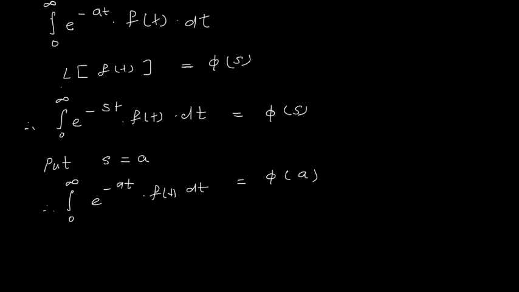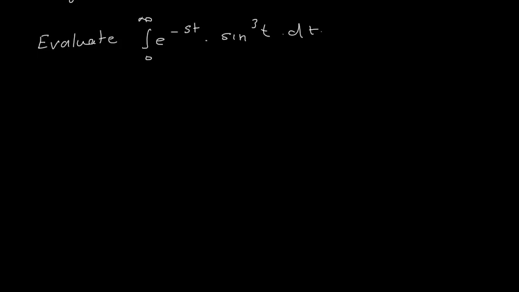Now we will understand Laplace in more detail again. So our first problem which we will consider is evaluate 0 to infinity e raised to minus st into sine cube t into dt.